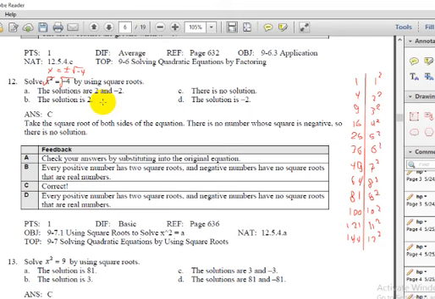Of course I don't. So there is no real solution. So it's C. No number whose square is negative. So there is no real solution.